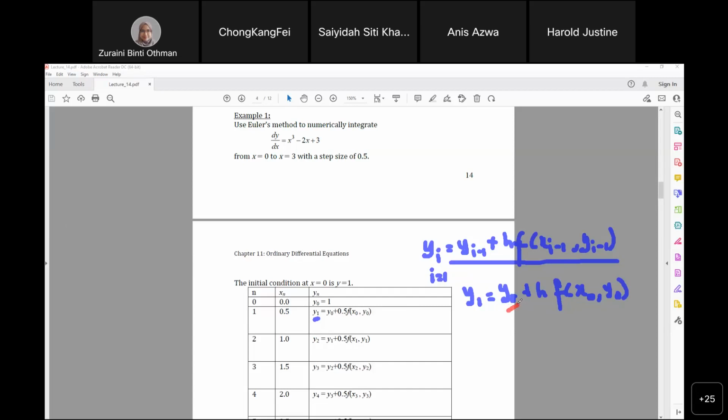Kita guna nilai sebelum tu, which is x0, y0. Nilai ni kita guna untuk cari persamaan dekat bawah ni.